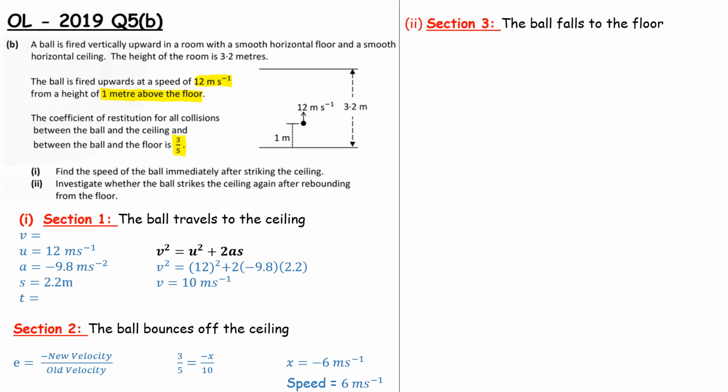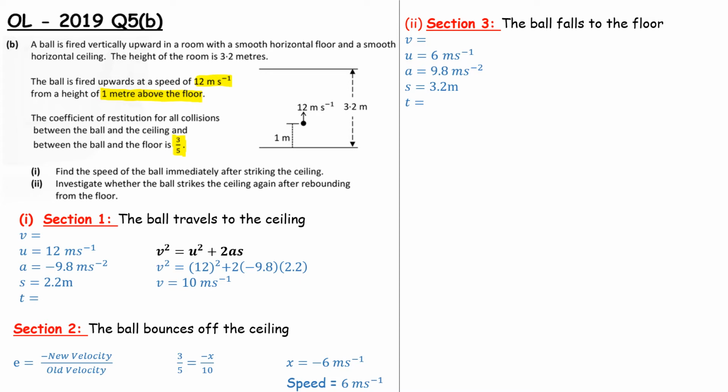So let's work with the third section, because I've continued on. I've said, right, it bounced off the ceiling. Now the ball is going to fall to the floor. So I'm going to have V, U, A, S and T again. This time, because it's falling to the floor, we are starting with 6 meters per second. In this section, I'm taking downwards as positive just to make life easier. The acceleration is positive 9.8 because then it's helping.